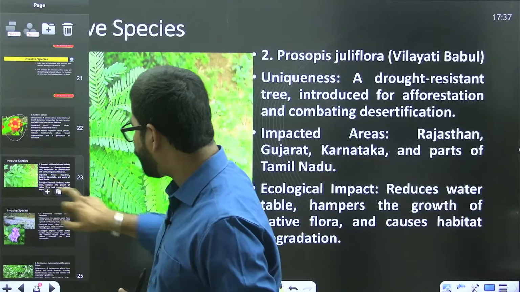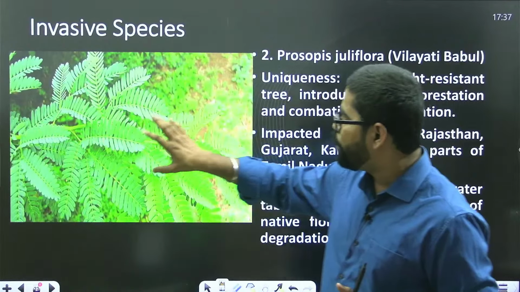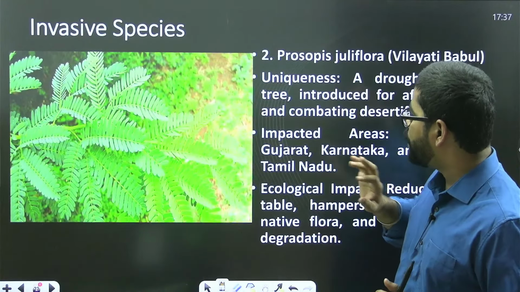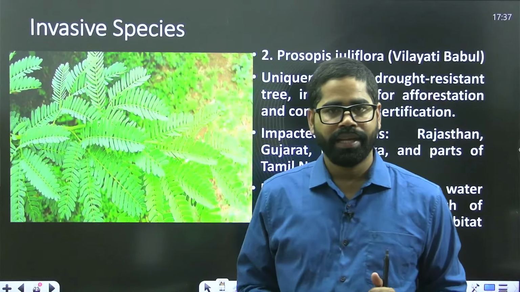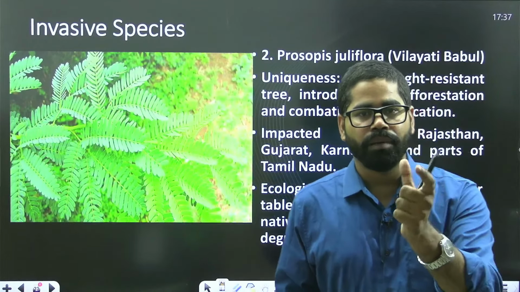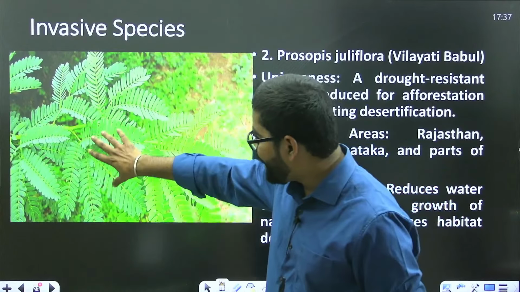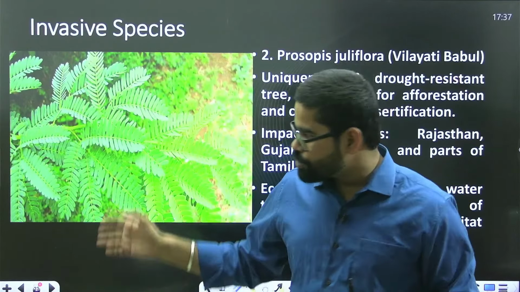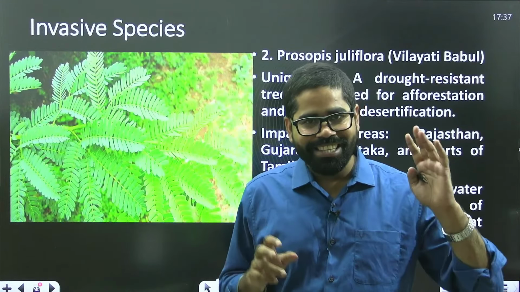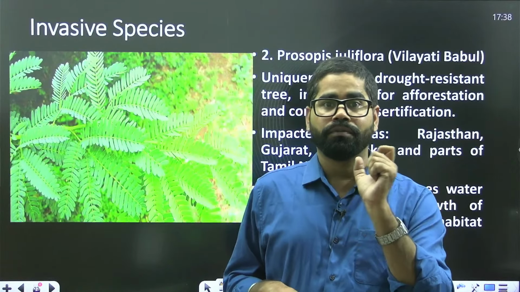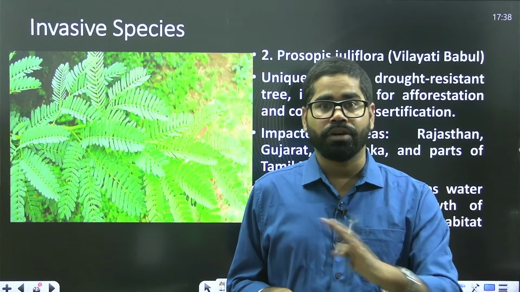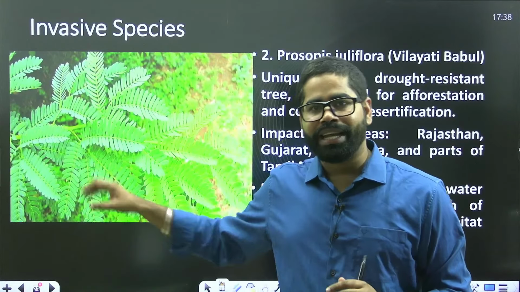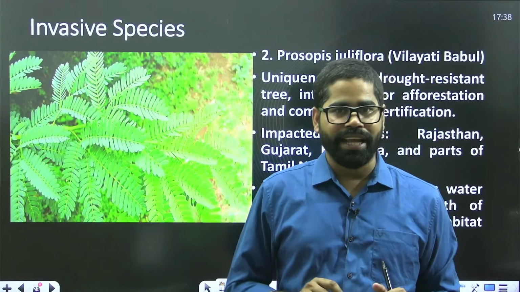Then look at this, Prosopis juliflora. It is also called jungly babool. Many of you may have seen this plant near your areas. This is one plant which has replaced many of the woody plants in India. It is growing at an enormous rate.